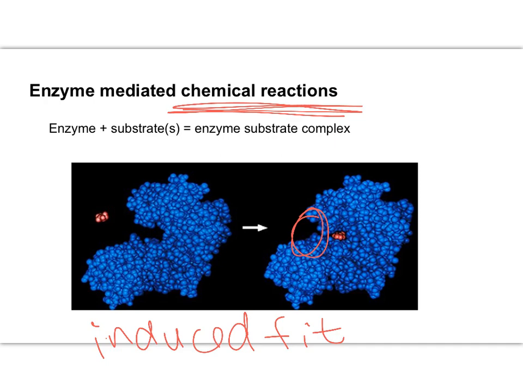So that induced fit will happen as that substrate enters the active site. The enzyme will change shape just a little bit because of the interactions between the side groups on the amino acids in the enzyme, as well as the chemical properties of the substrate. That will cause that enzyme to shift its shape a little bit, resulting in that good, tighter fit for that substrate in that active site.